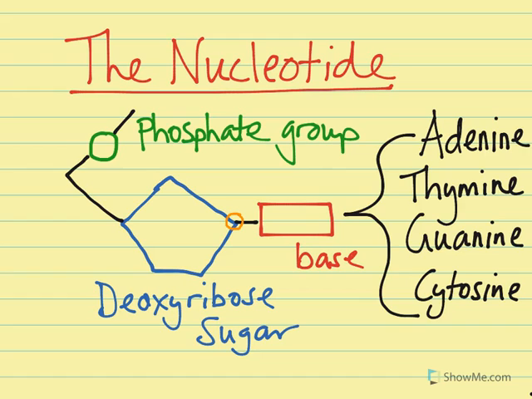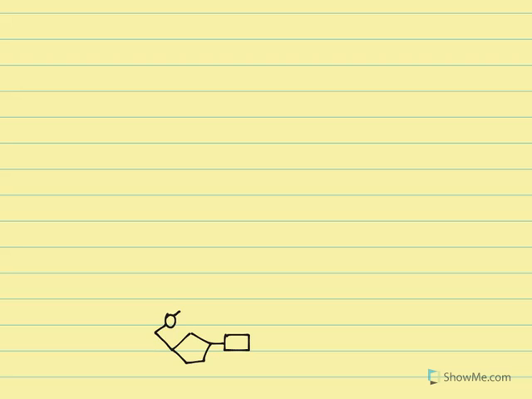There is number 1, number 2, number 3, number 4, and number 5. We call this carbon here the 3' carbon, and this one up here the 5' carbon. So the 3' is at the bottom of the picture as you see it now, and the 5' is at the top.